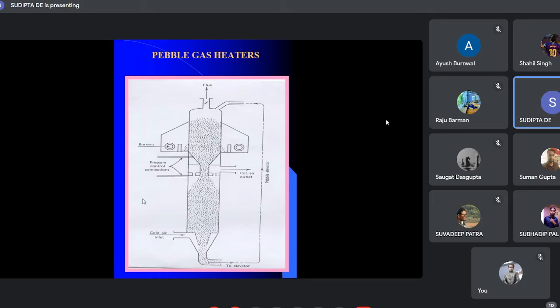These heated pebbles are then transferred to the lower chamber through a connecting duct.